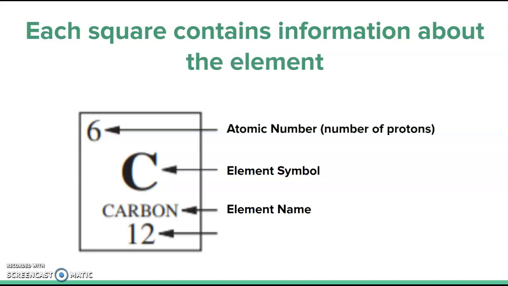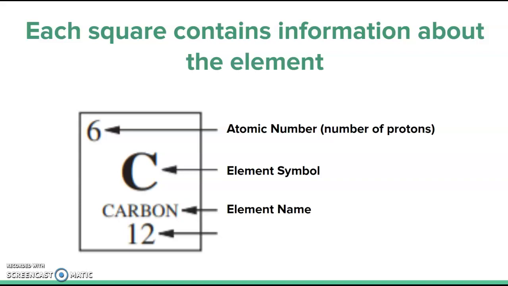You have the atomic number. That's an important number for an element. Like I said earlier, the number of protons changes the type of element that it is. So you'll notice that in each square in the periodic table, each element has a different atomic number. That's because each element has a different number of protons. So the atomic number is the number of protons. That's what makes it the element that it is.